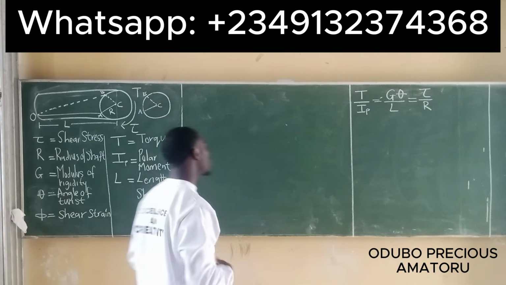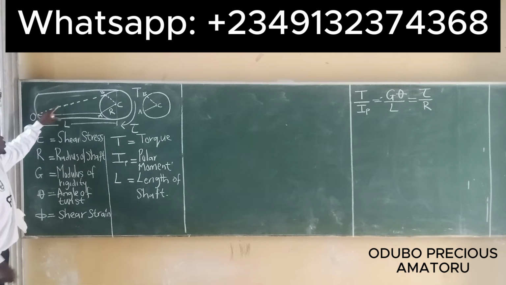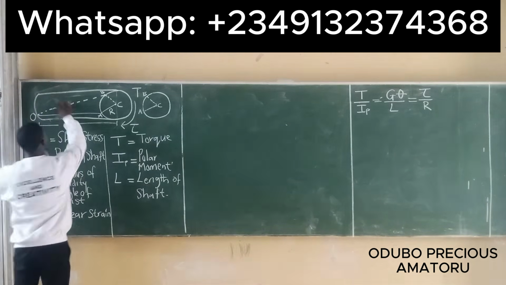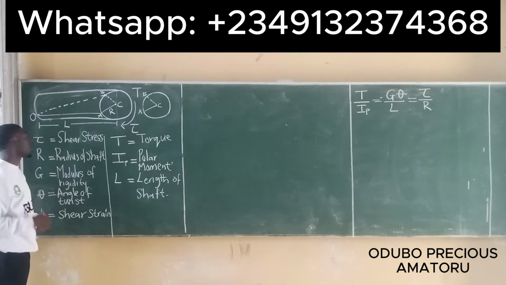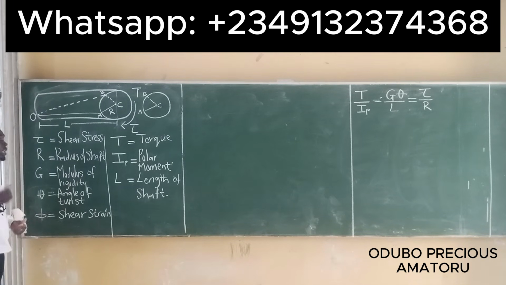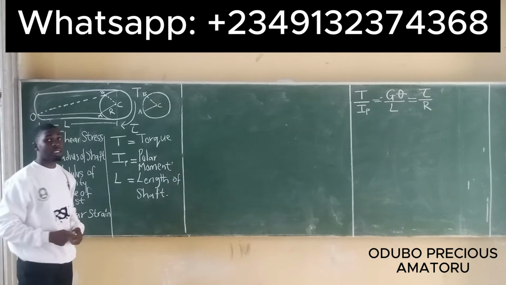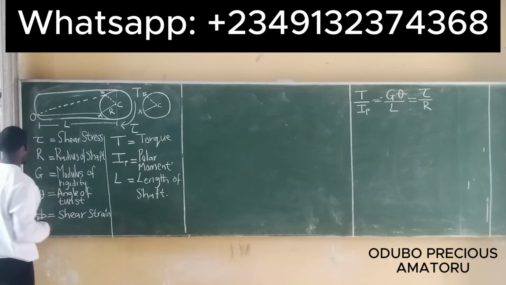I'm quickly going to use the diagram I have here. We assume that this diagram is a shaft, a cylindrical, circular shaft. Let me introduce the parameters that we are going to be using in analyzing how to get the torsion equation.